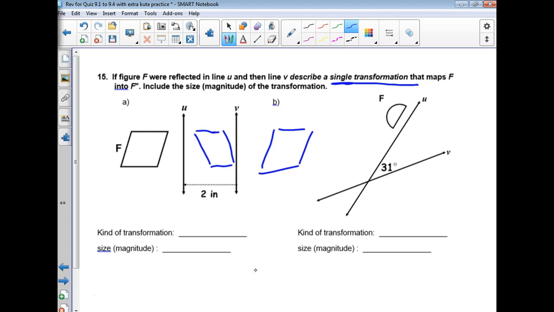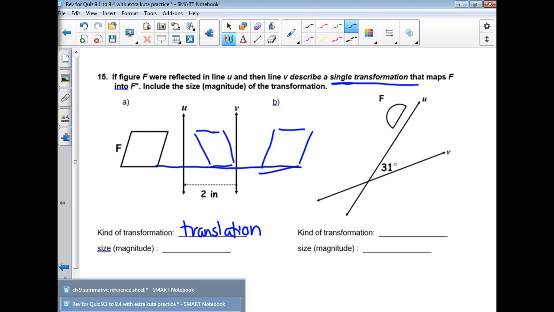And what we want to know, and you don't have to do it, I'm just giving a quick little picture of kind of what it does. You want to know what happened to go from here to there. So it slid over, which is a translation, and how far?